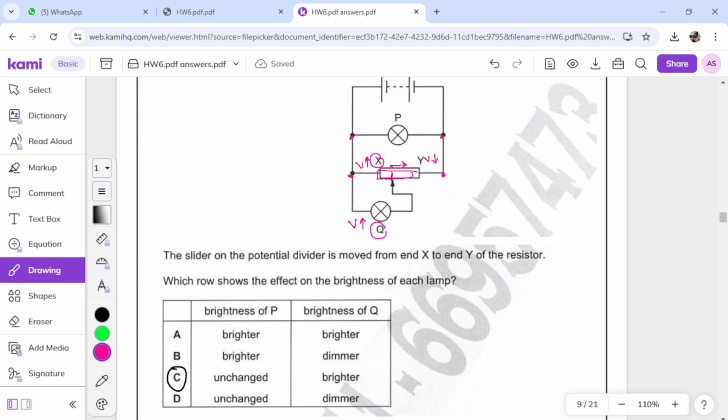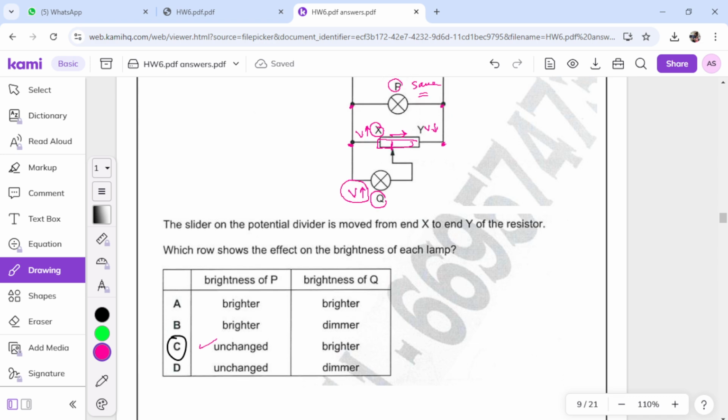But what about the voltage of P? Same voltage. So the brightness of P is unchanged because it has its own voltage. It doesn't change. The brightness of Q increases because its voltage increases. Pay attention again.